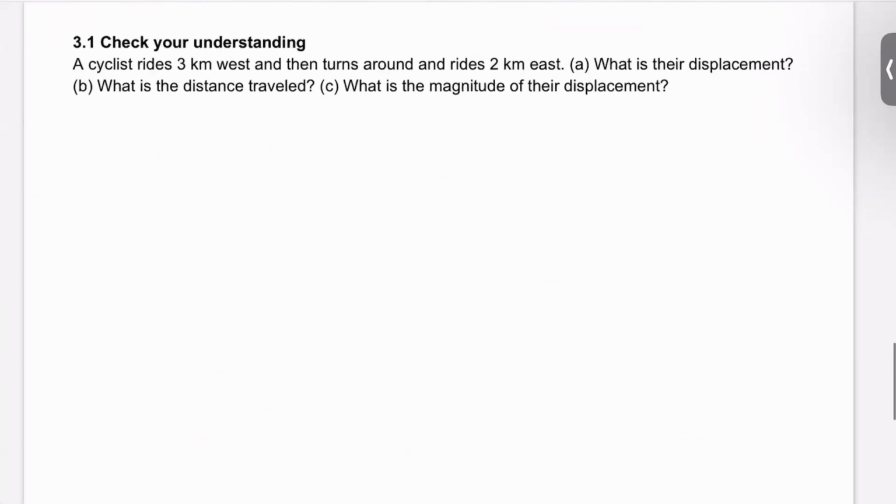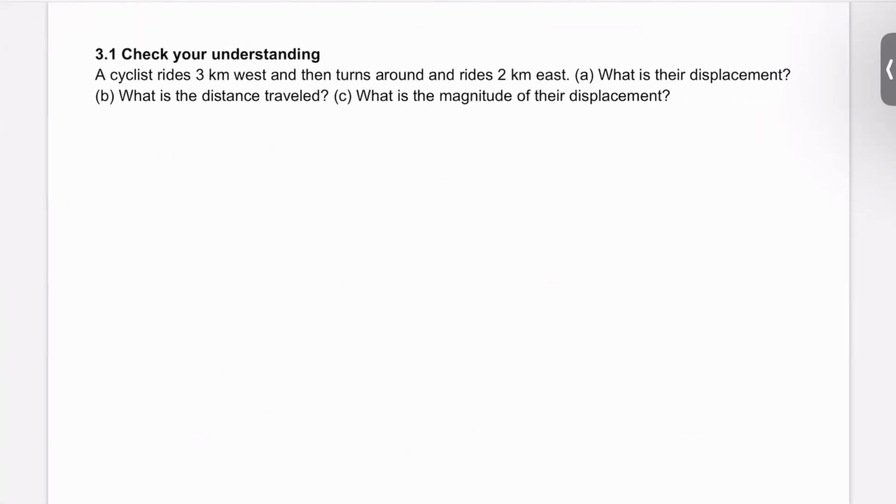All right, we have one more example for checking your understanding. Again, pause the video and try this on your own. I'm gonna go over it in 3, 2, 1. So our cyclist rides 3 kilometers west and then turns around and rides 2 kilometers east.